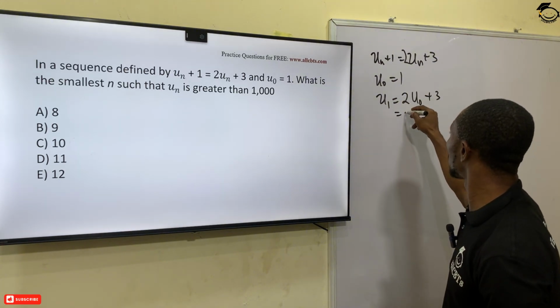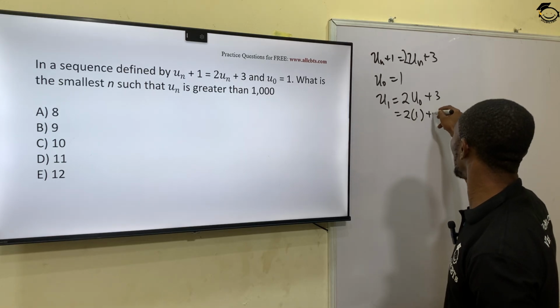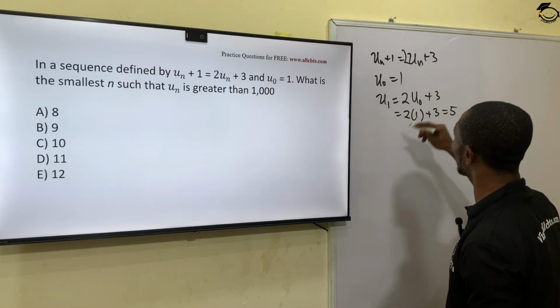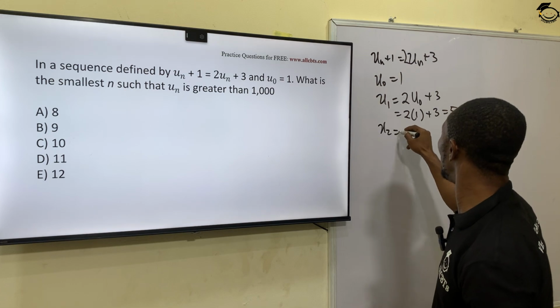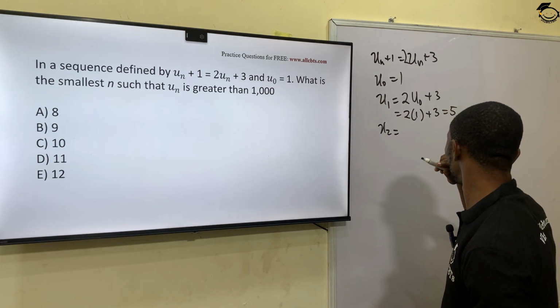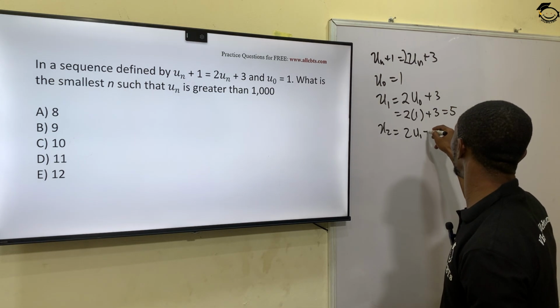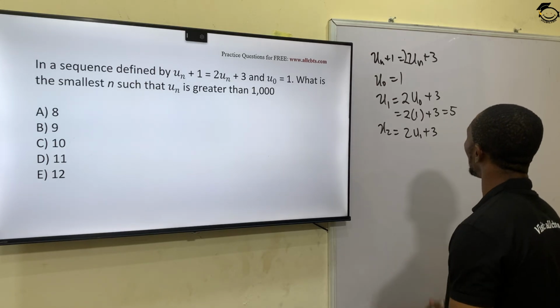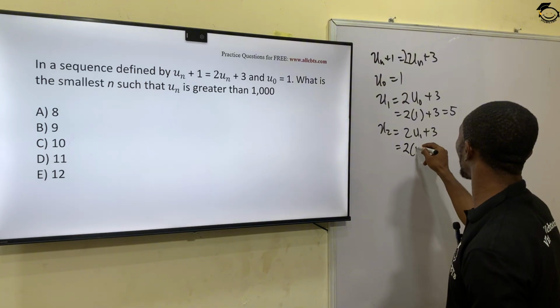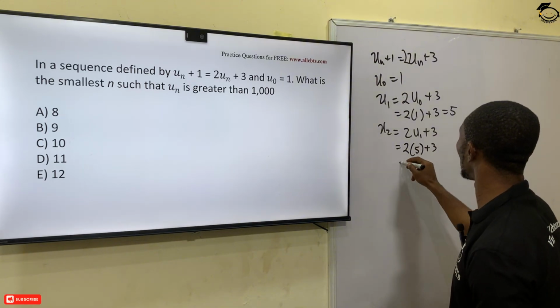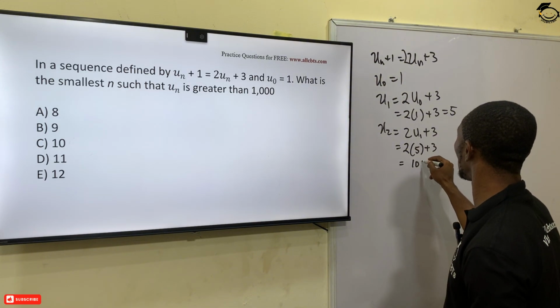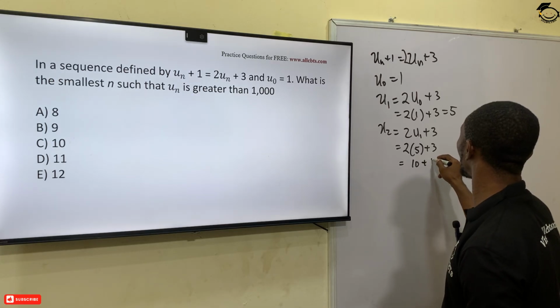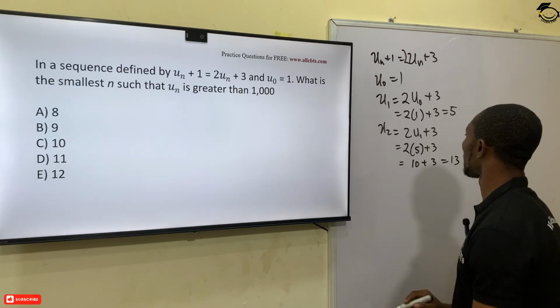And u0 is 1, so 2 times 1 plus 3, which gives us 5. And u2 will be 2u1 plus 3, which gives us 2 bracket 5 plus 3, which gives us 10 plus 3, which is 13.